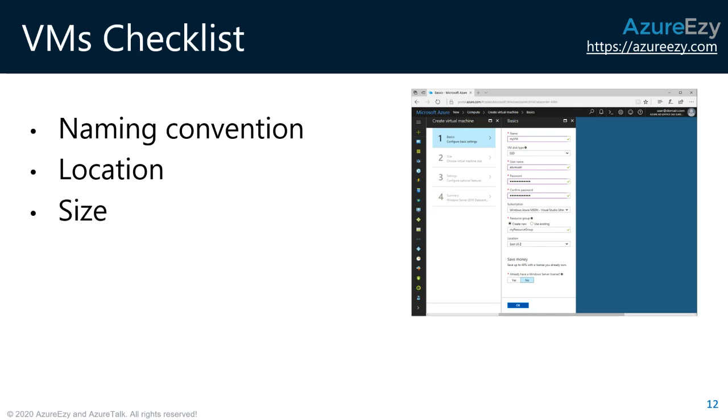Size, of course. When you are deploying your virtual machine, you must have a clear understanding of the resource needs of this service. When you are deploying a web application on this VM, you must have some idea that this application will be used by this number of users, and these users convert back to this much CPU and this much RAM.